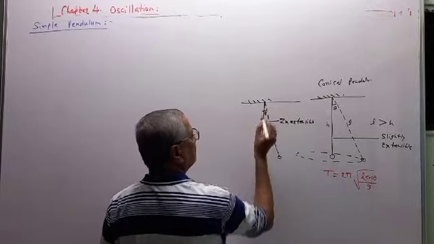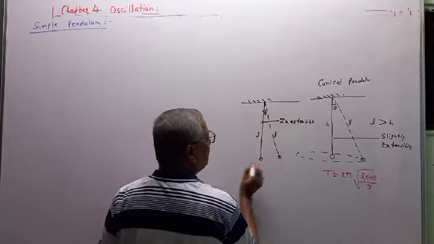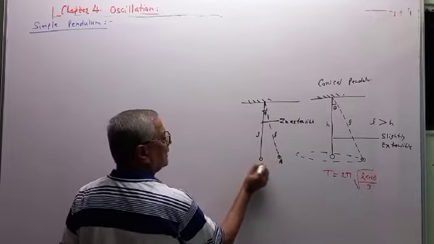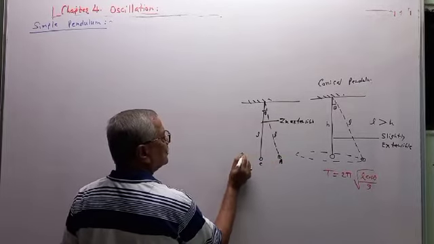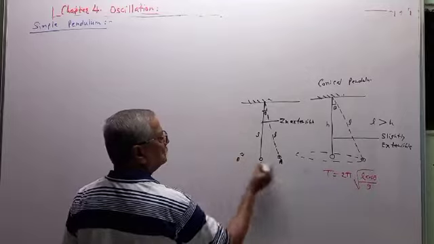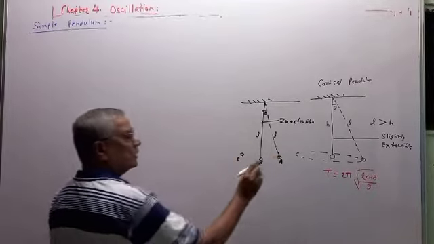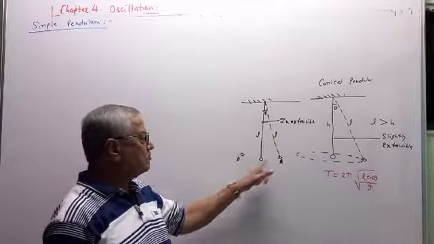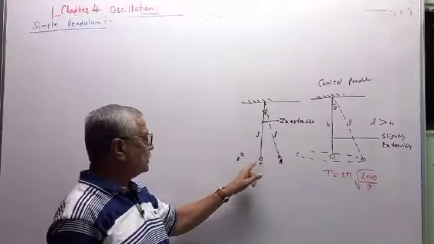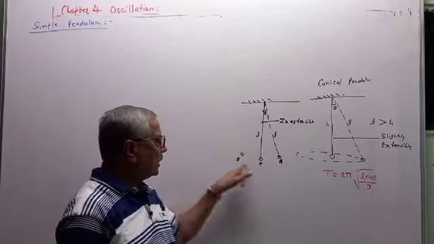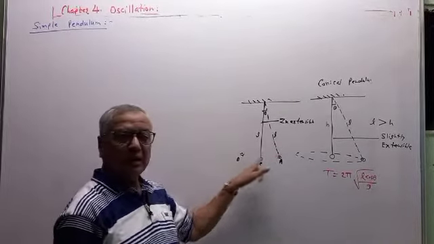This is the angle of deflection theta. When the bob is released from A, it passes through C, it goes to B like this, and it oscillates. It traces the same path: A to C, C to B, B to C, C to A, and so on.